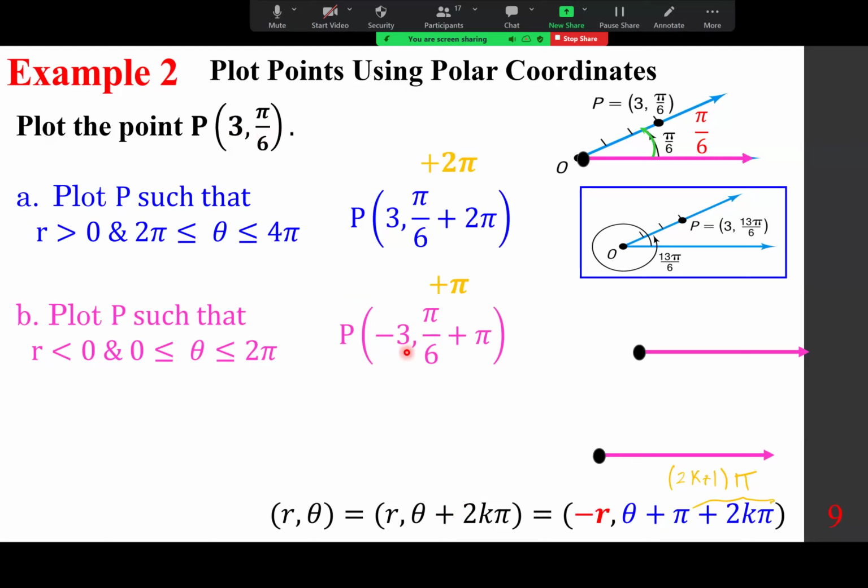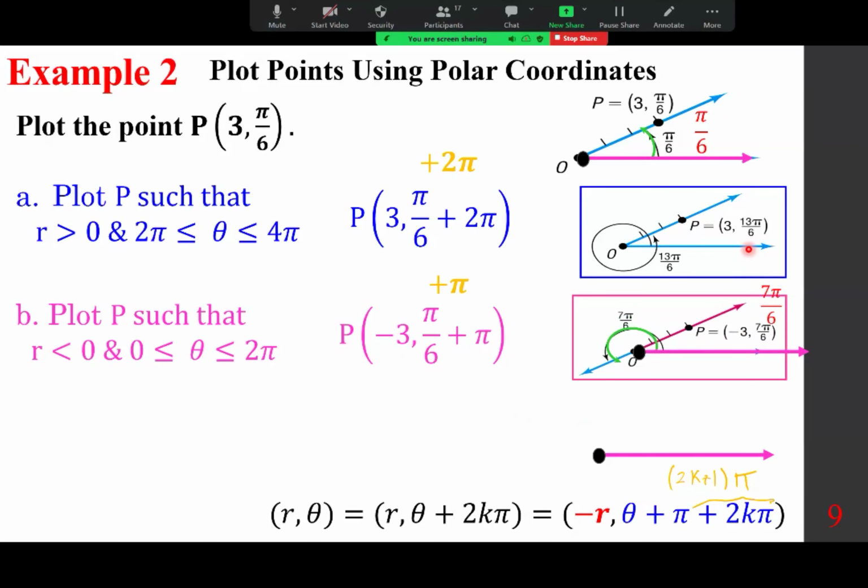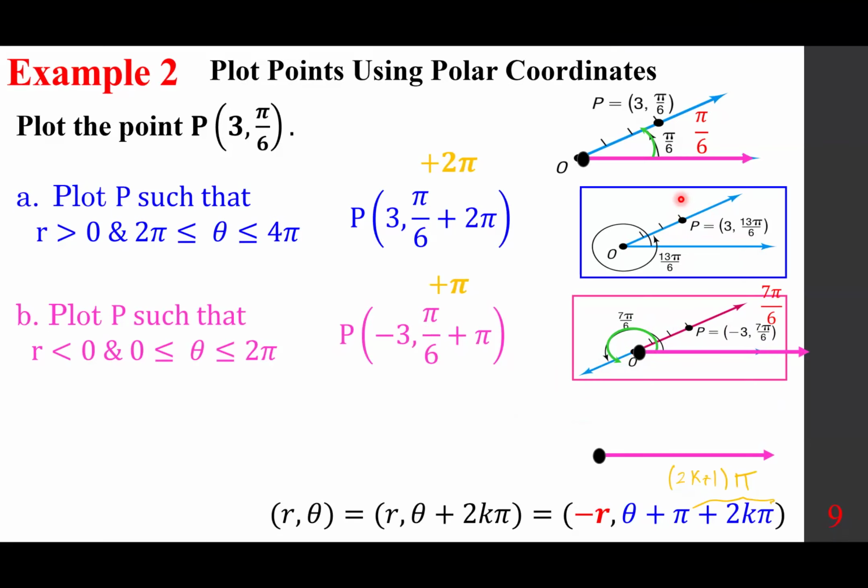So now π is 6π/6, and adding π/6 gives 7π/6. So take a look. We are going to go 7π/6. That means going this way. However, because it's negative, we go the opposite one. So take a look. 7π/6 means this way. Since this is negative, go back 1, 2, 3 tick marks. All of them are the same, everybody. So hopefully everybody's following that and everybody's comfortable with the concept.